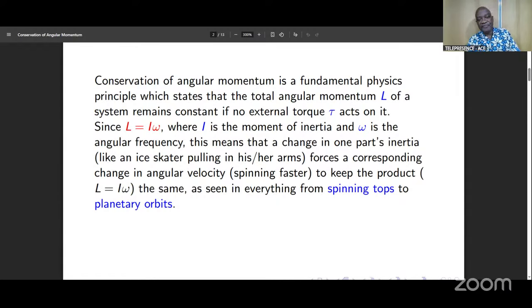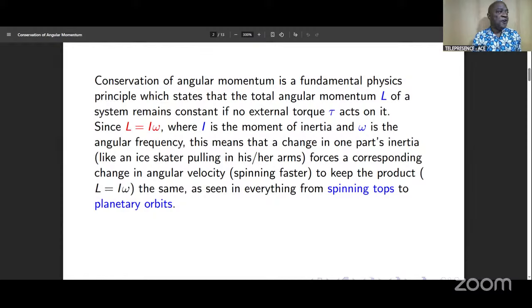So similarly, for conservation of angular momentum, we require that there is no external torque acting on the body or system. There is no net external torque, so that the angular momentum remains constant. Remember that the angular momentum is the product of the moment of inertia and the angular frequency.